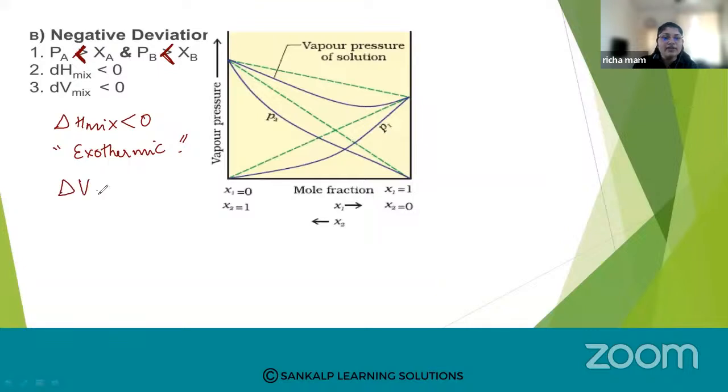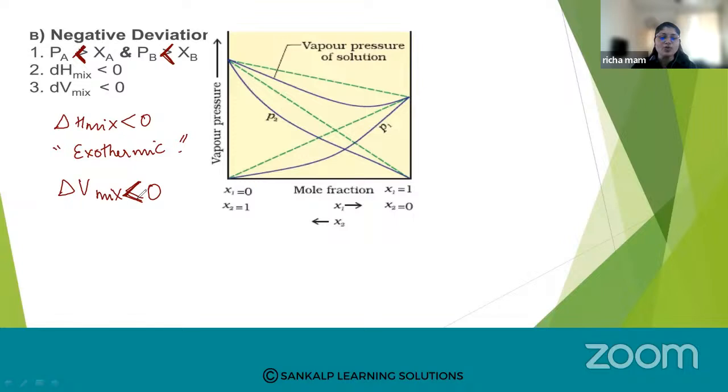Then delta V mix is also less than 0. That is, after mixing components A and B, the volume of the resulting solution is less than 0. So delta V mix will be less than 0.